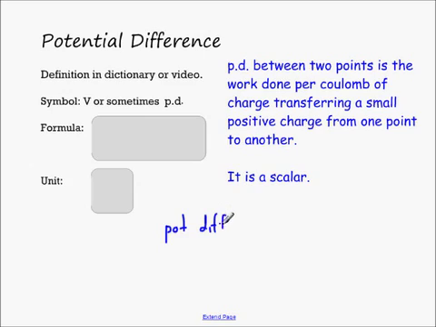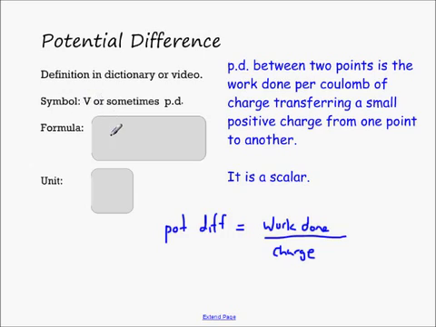I'm using a mouse, so it's a bit harder than freehand. So for the formula, what's the symbol for potential difference?